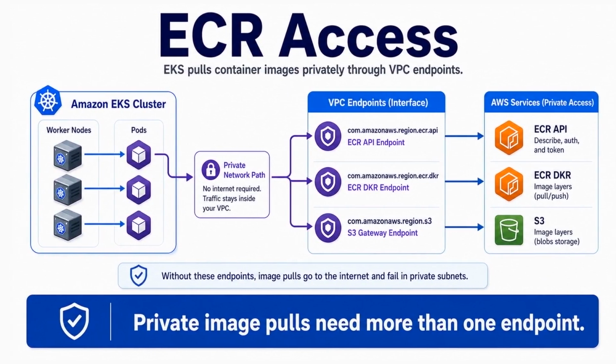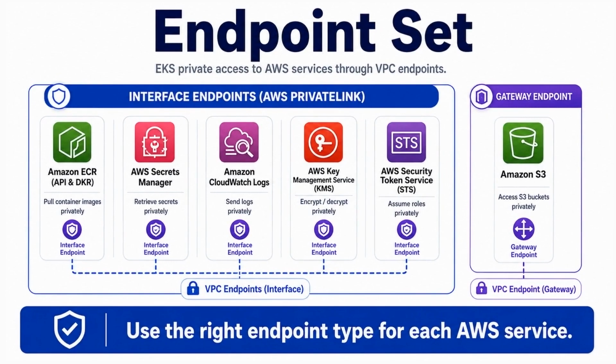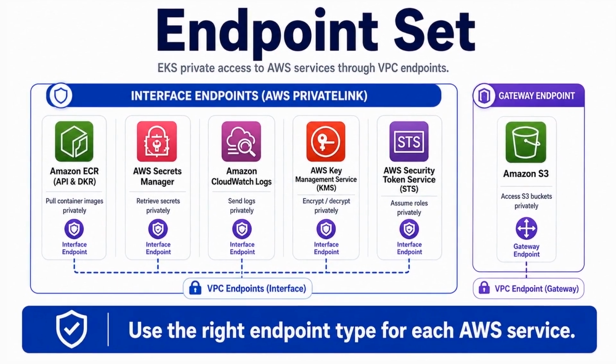For image pulls, EKS nodes and pods commonly need the ECR API endpoint, the ECR DKR endpoint, and S3 access for image layers. That is why many production EKS designs use interface VPC endpoints for ECR and a gateway endpoint for S3.